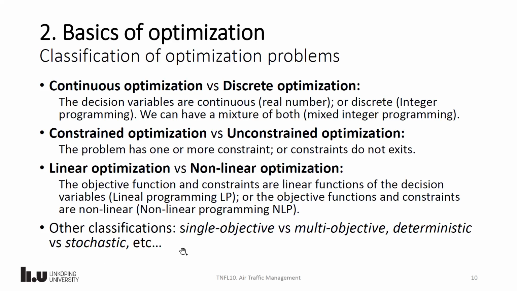Then we have other classifications, for example, single objective versus multi-objective, or deterministic versus stochastic, and another list of classifications that you can find over there. But this is something that I just want you to know exists, and maybe you already know. As I said, this is not something that we're going to focus on, so I'll continue.